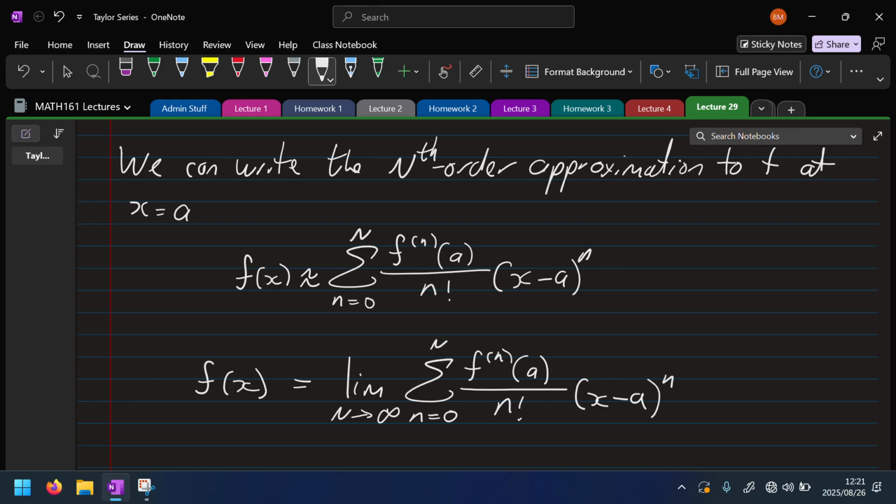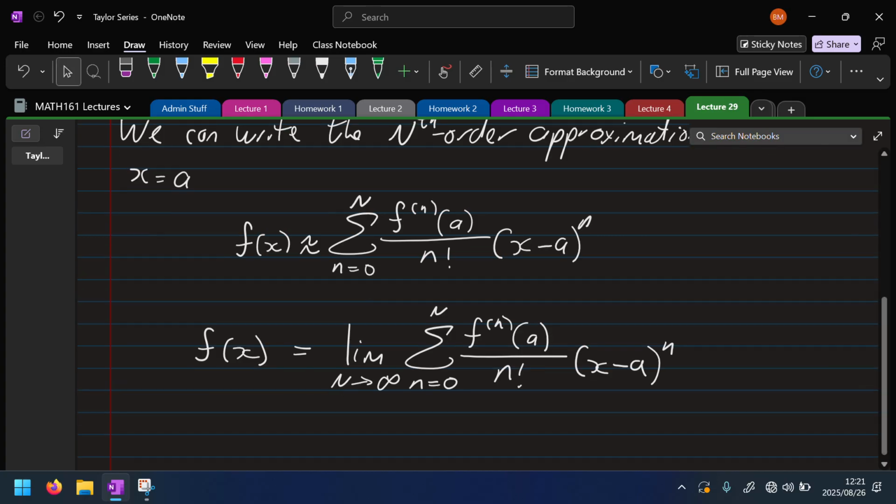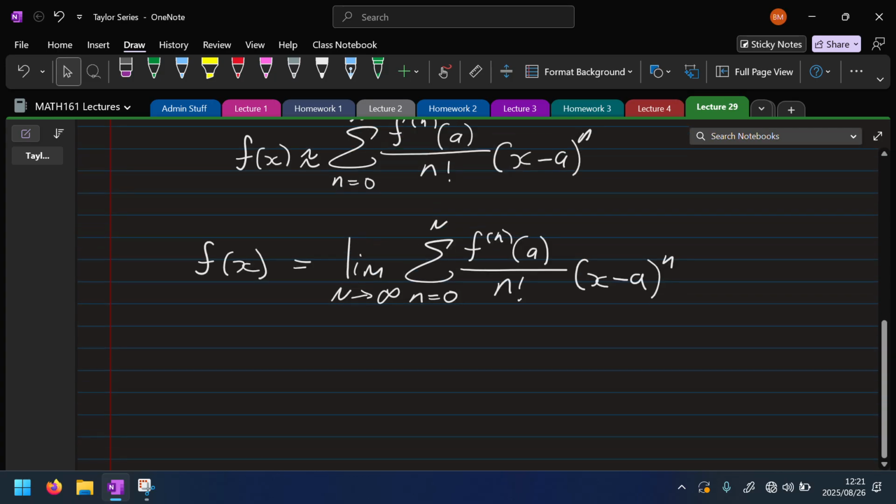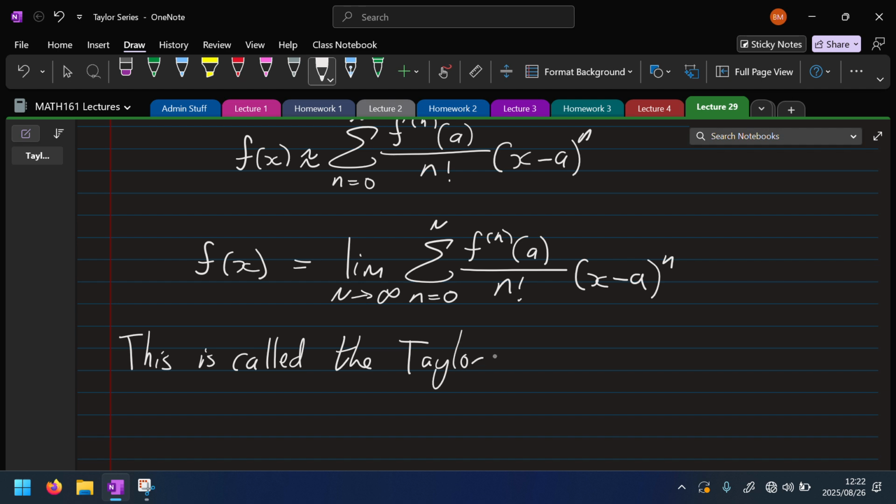That will give you the exact function. So the approximation becomes equal to. Okay, so this is called the Taylor series. So the Taylor series of f, and we say that it is centered at x equals a. That's just the wording we use.